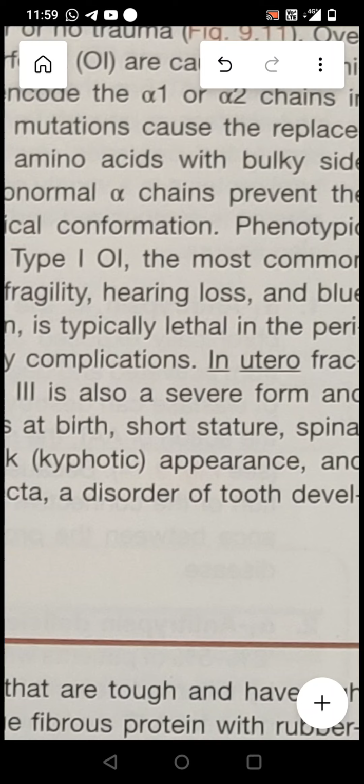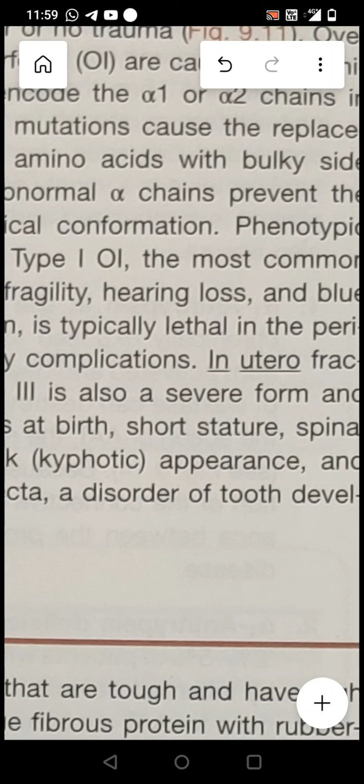You will learn this more in medicine, but it's good to remember that there is one type which is lethal, and that is type 2. Many of them die due to pulmonary complications. Type 3 can have spinal curvature, kyphotic appearance, blue sclera, and also poor dental development.